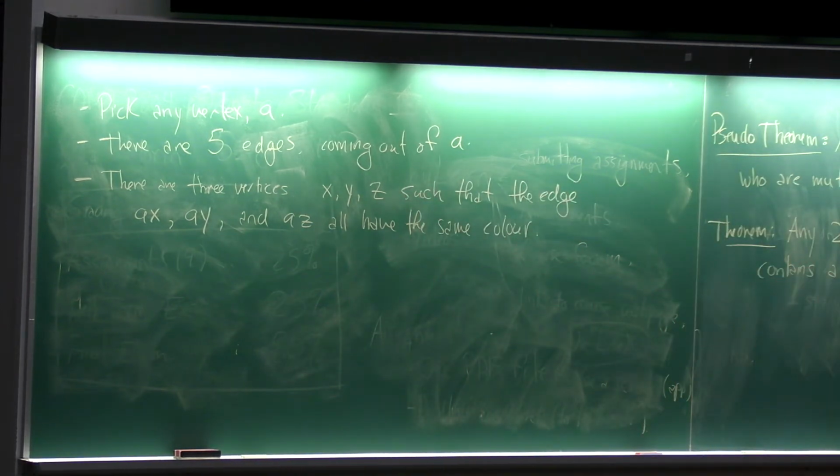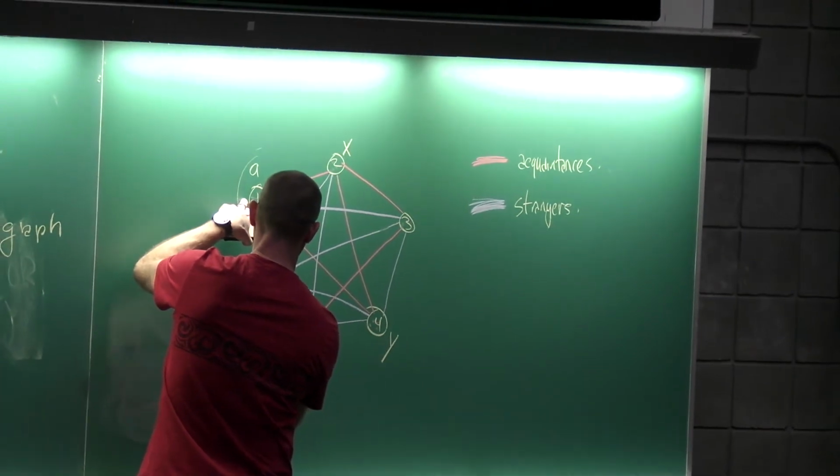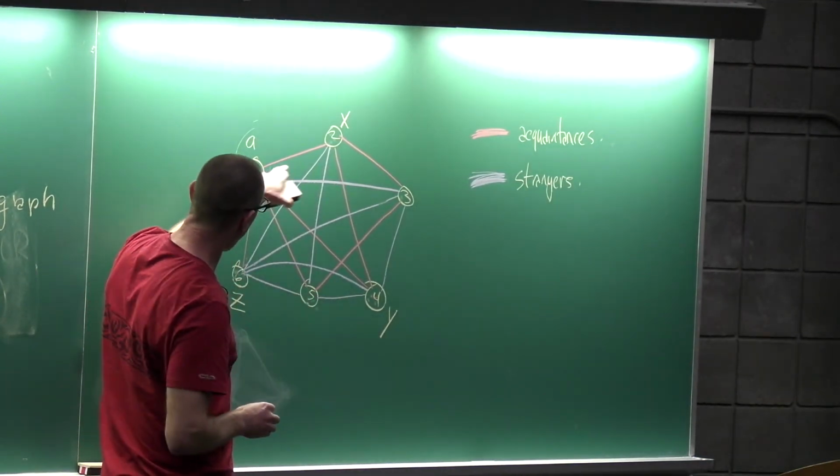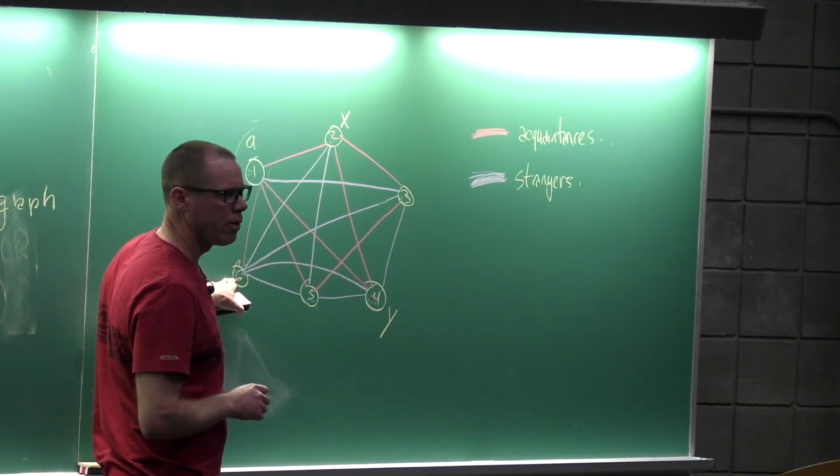For example, here's a vertex X, here's a vertex Y, and here is a vertex Z. AX is red, AY is red, and AZ is red.